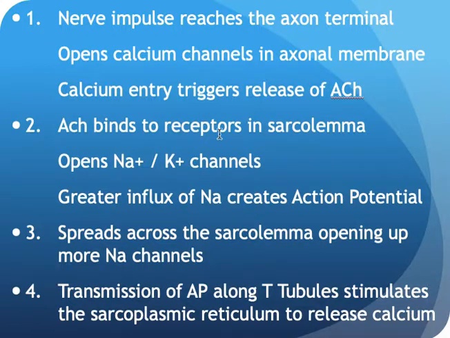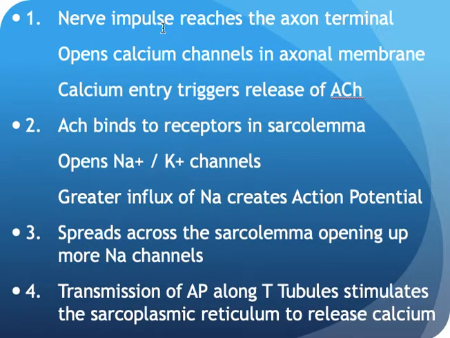That ACh is going to bind to receptors in the sarcolemma. It's going to open up the sodium-potassium channels and create an action potential that spreads across the whole sarcolemma. It's going to transmit that action potential along the T-tubules, and that's going to stimulate my sarcoplasmic reticulum to release calcium.